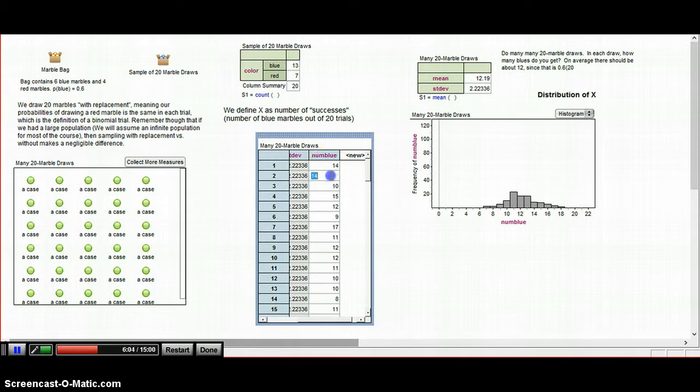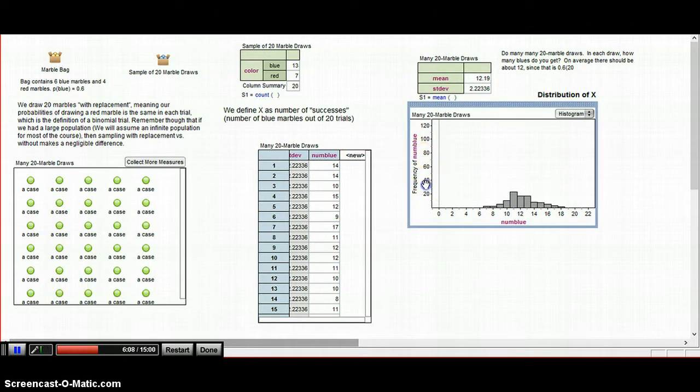The first time we got 14, 14, 10, 15, 12. You can see we're building a little histogram to the side. The histogram is roughly centered around 12, which we would expect, because on average, since 60% of the marbles are blue, we should get 12 out of 20.